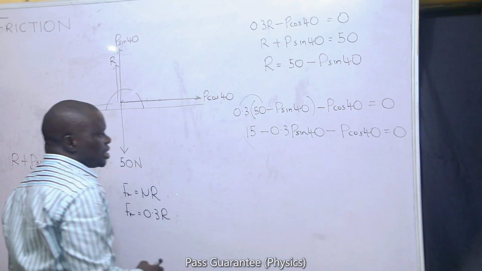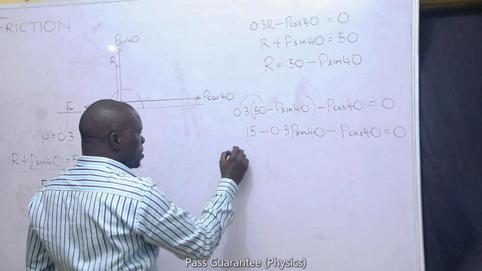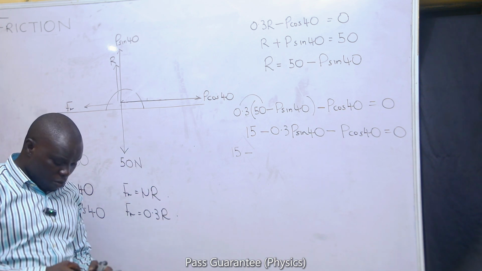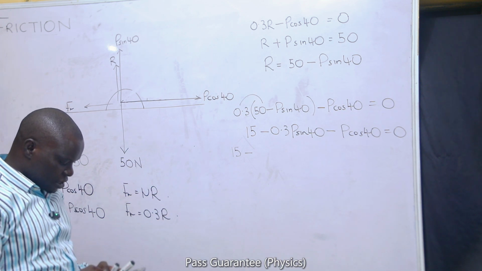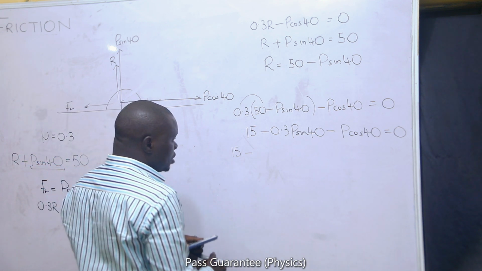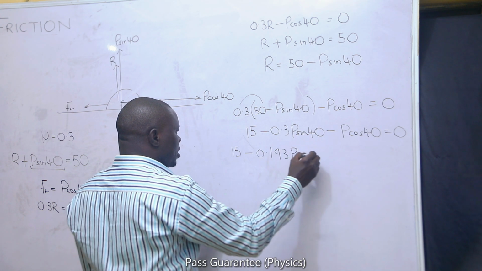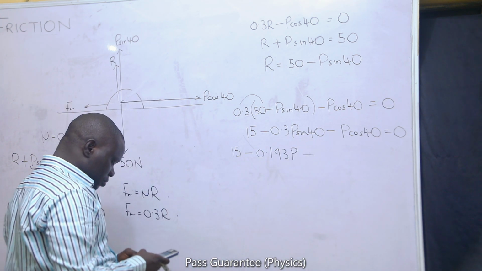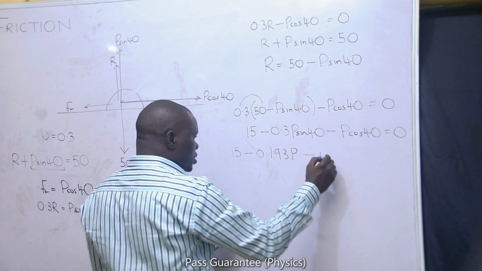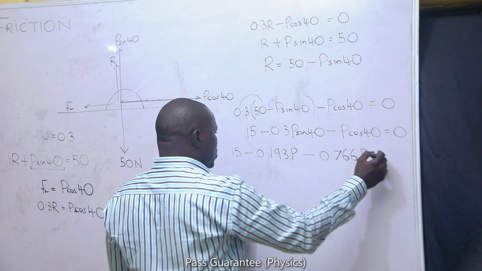If that is the case, then I can clearly say that 15 minus, let me multiply the two things that I can solve for there. I can solve for 0.3 sin 40. That should be 0.193P, minus cos 40, 0.766P, must be equal to 0.